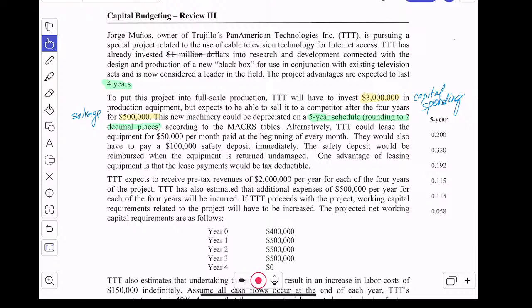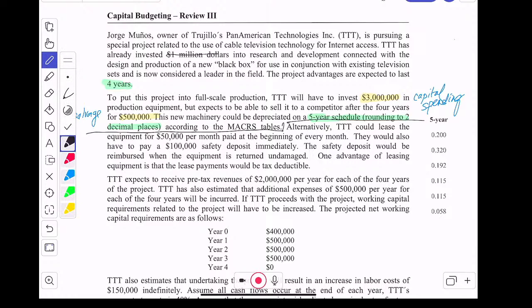Alternatively, they could lease the equipment for $50,000 per month. Okay, so this is an alternative. So there are two things we have to look at. It's either that or the alternative.